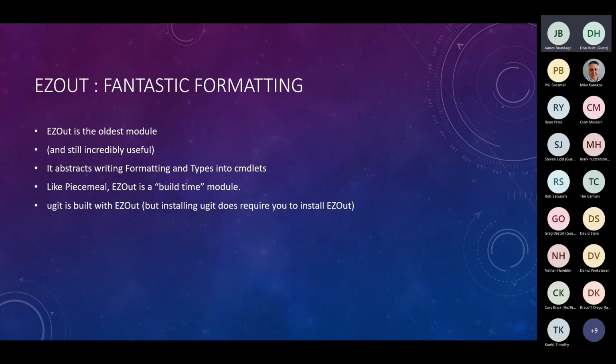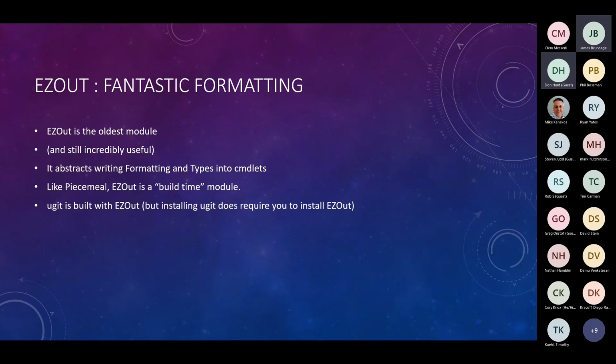Everybody kind of with me? No, say that again. Okay. I make a number of tools, piecemeal and EasyOut being two of them, that are build time tools. That is, they help you build your PowerShell, but you don't require them when you ship your module. Oh, I got it. I think there's a typo in the slide.